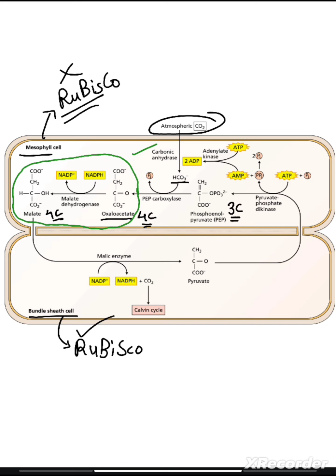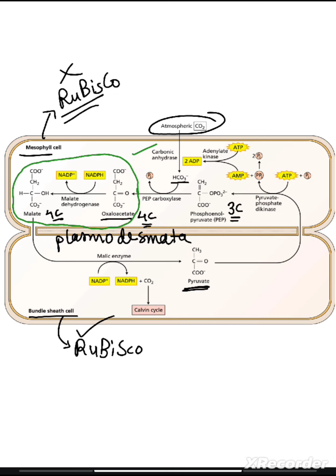Now this malate will be transferred to the bundle sheath cells. This transfer is done via something called plasmodesmata. I hope you are aware of plasmodesmata in plants. Once this malate enters the bundle sheath cells, it is converted into pyruvate.